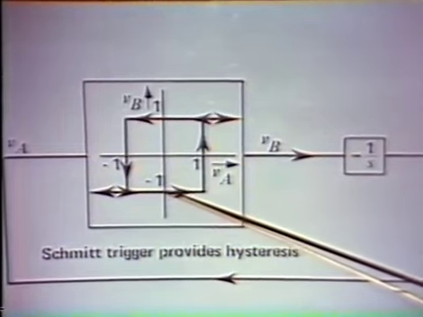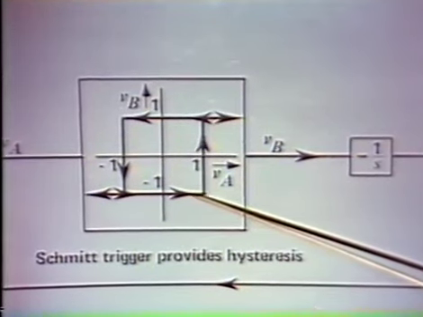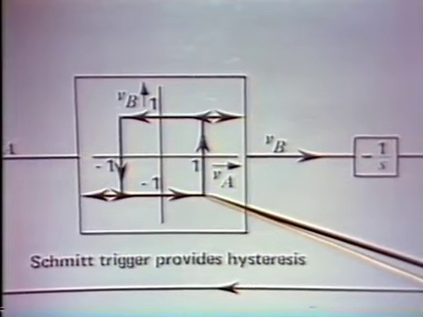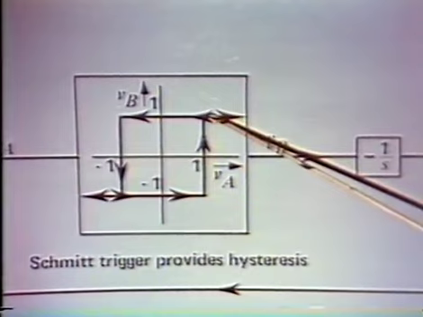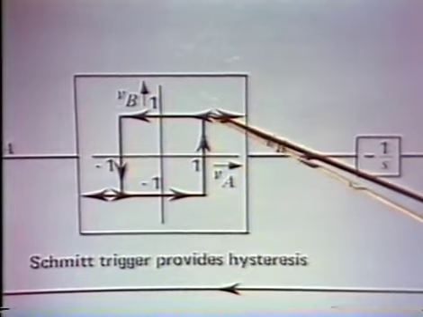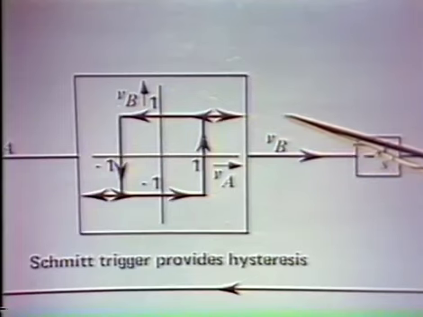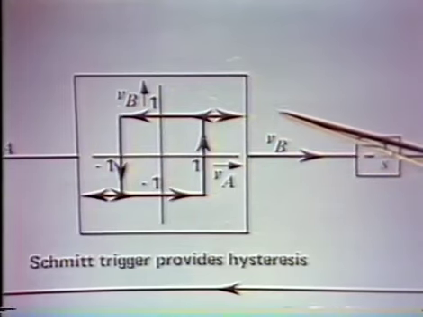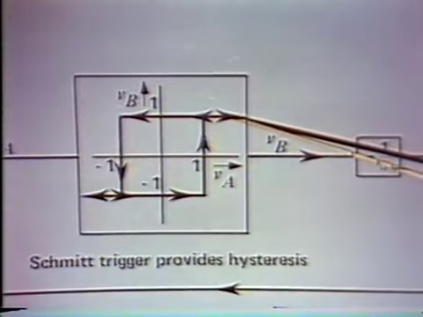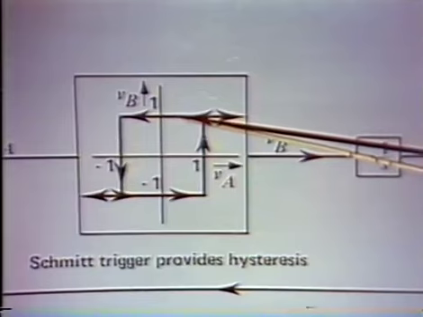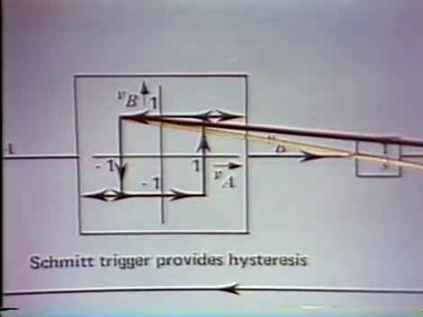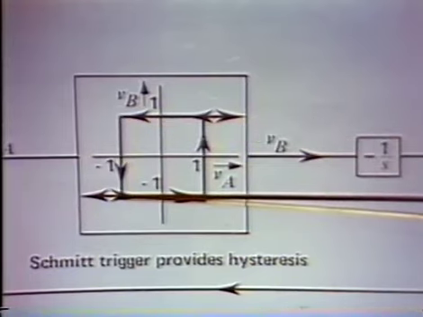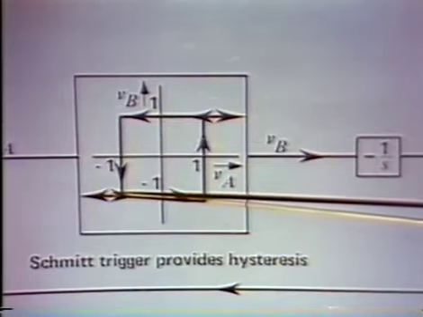Now as we make VA change in a positive direction, when we get to a trigger point, in this case at +1, the output would abruptly switch to +1. Further positive changes in the voltage VA don't change the state of the Schmidt trigger, and what we have to do is go back, go past the original switching point, and in fact change VA to -1 before the Schmidt trigger once again changes state. It then flips down and so forth.